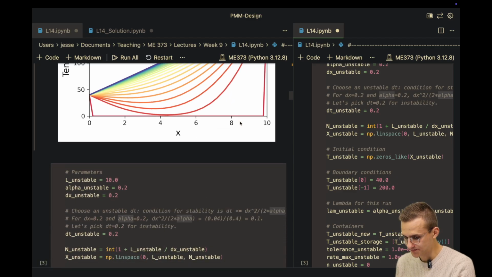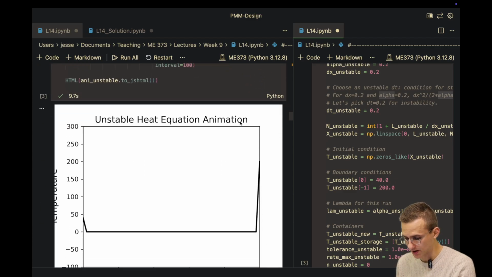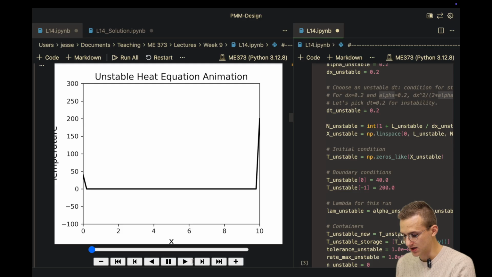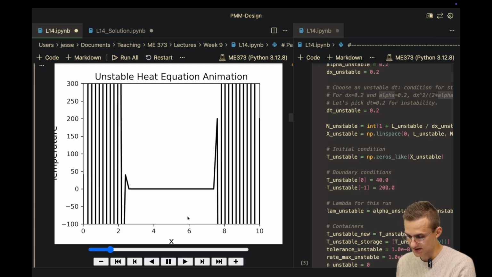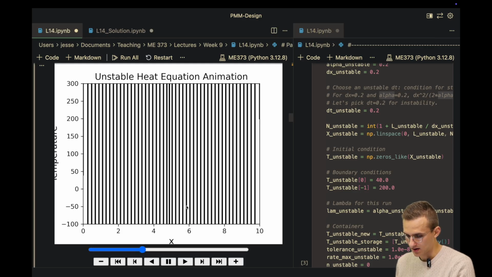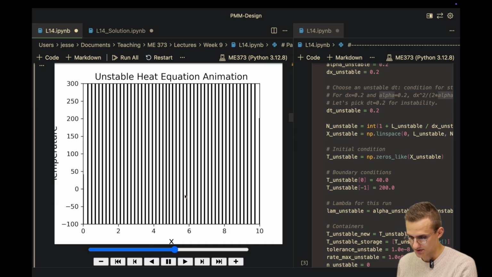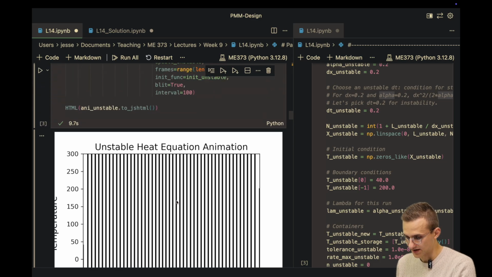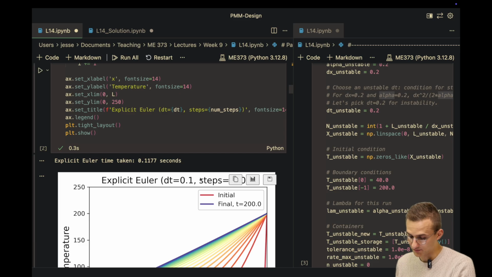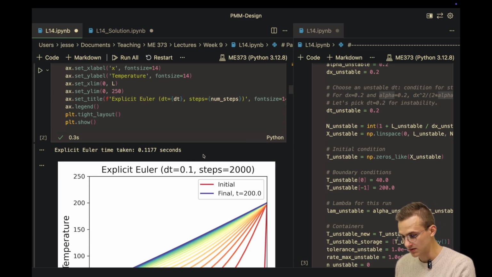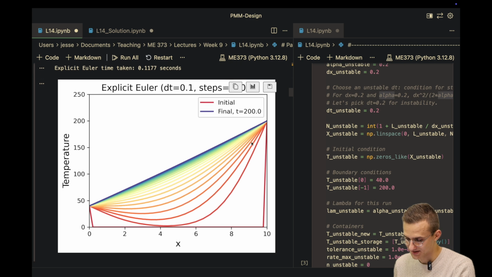And we showed how when we chose a time step that was too large, you got these unstable oscillations that gave you non-physical values, right? But if we did a dt equal to 0.1 with 2,000 time steps, we would get this nice behavior.